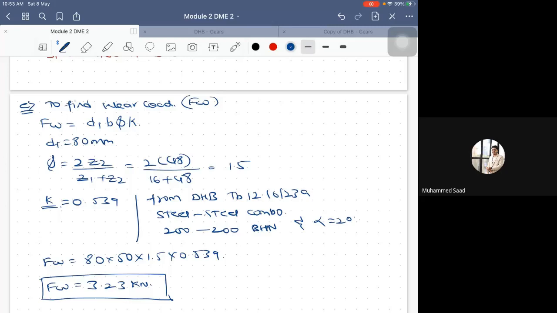No. So why? Because it is very much less when compared to the dynamic load. So dynamic load is what? 18.76 kilonewton. It has to be more than this, but it is too much less than that.